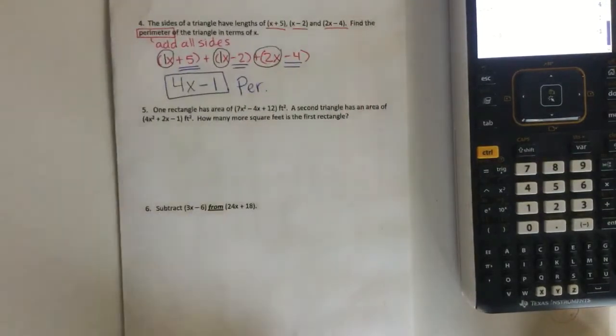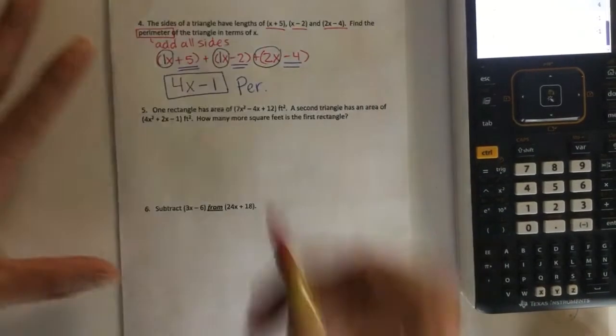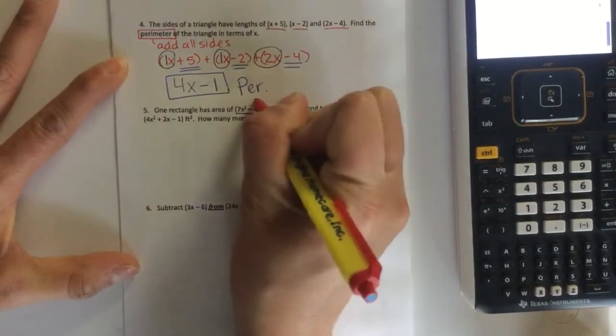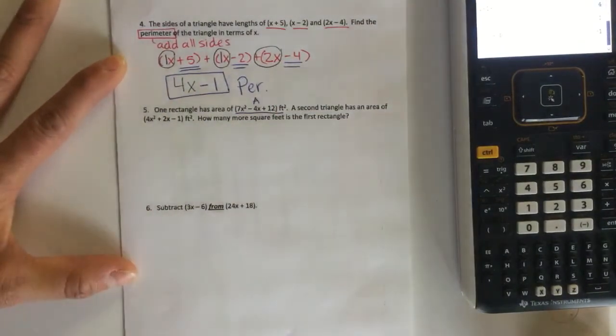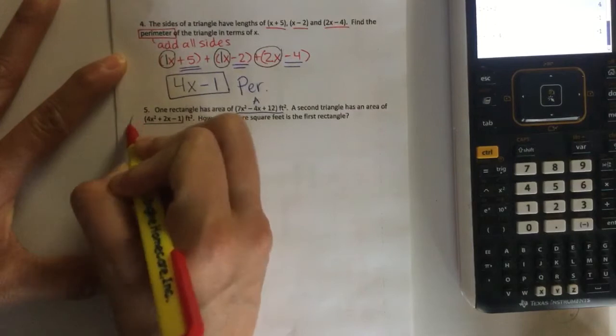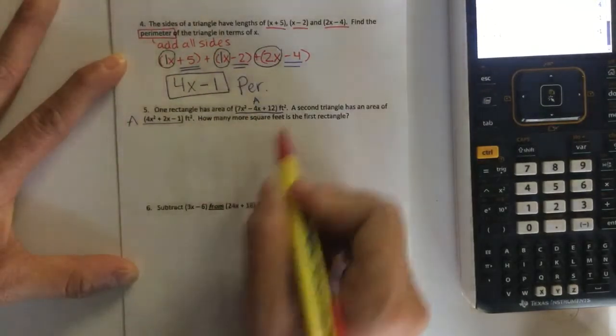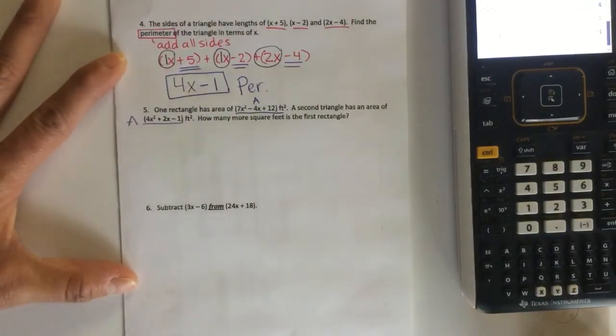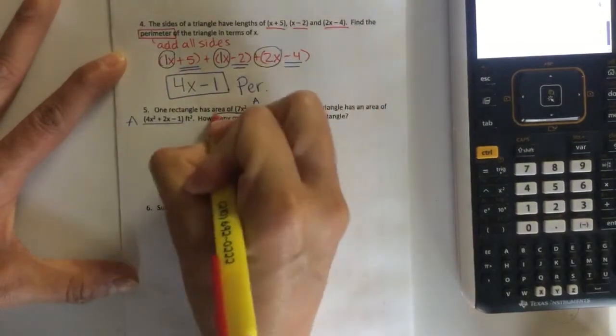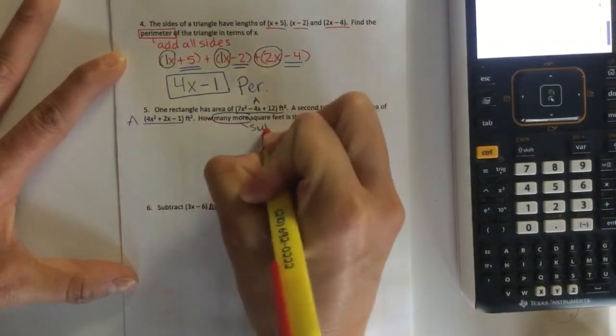Number 5, one rectangle has an area of this. A second triangle has an area of this. How many more square feet is the first triangle? So how many more means you're going to subtract.